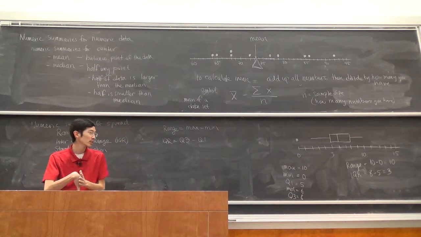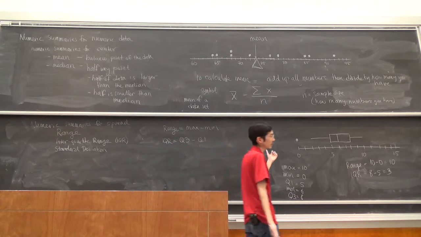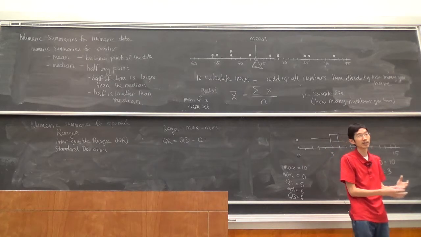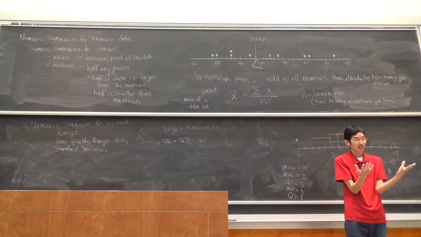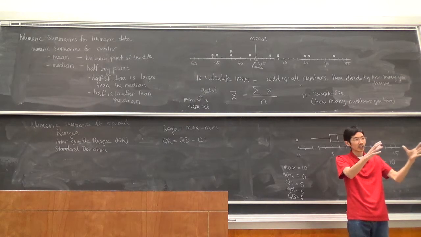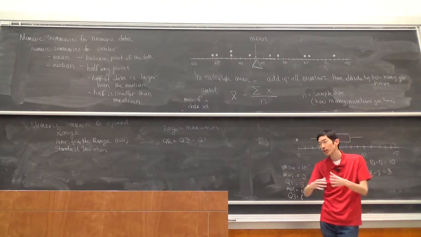Okay? Now, when we're talking about spread, we're talking about a numeric variable here. But we're still talking about the same idea of variability. Does our population look very similar to one another when it comes to this numeric variable? Or is there a wide range?